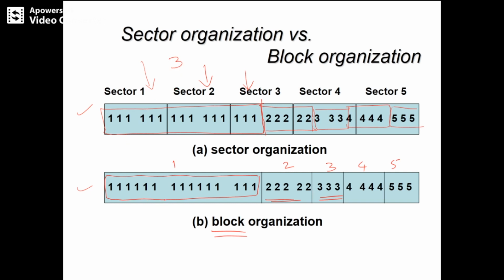But if you consider block organization, in one seek I can get all my data which is there in record 1. So in one seek I can read record 1. But in the same sector organization, we have 3 seeks in order to read record 1. So that is the benefit of block organization. You can reduce the number of seeks if you go for block organization.